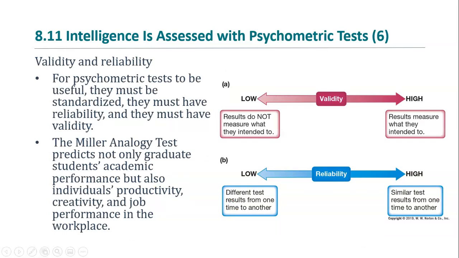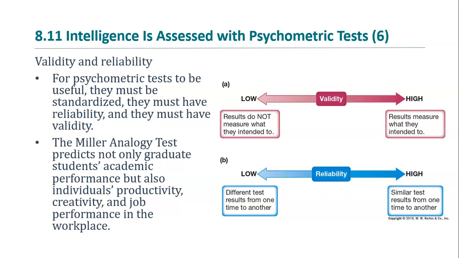I mentioned before validity and reliability. You have to have both of these in order for the test to be very useful. If you have a test which is not reliable, then it's not useful at all because you're getting different scores all the time.